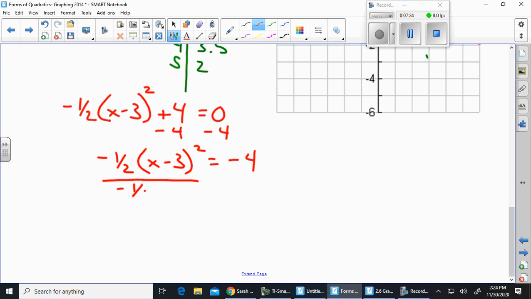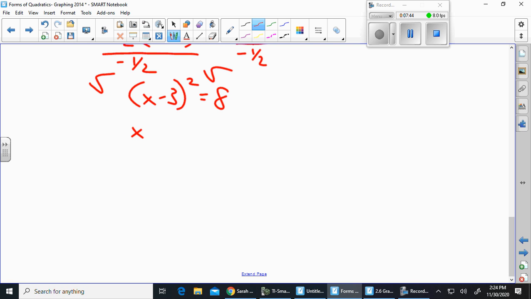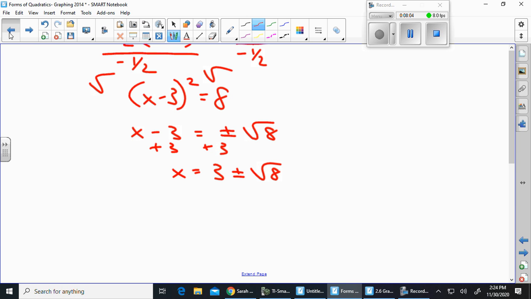Divide by negative 1/2. You would get x minus 3 squared equals 8. Square root both sides. X minus 3 equals plus or minus square root. And you won't have to reduce that because you're just getting decimals. So 3 plus square root of 8, 3 minus square root of 8, and you could get those numbers. So that's vertex form. Definitely the table is easier.